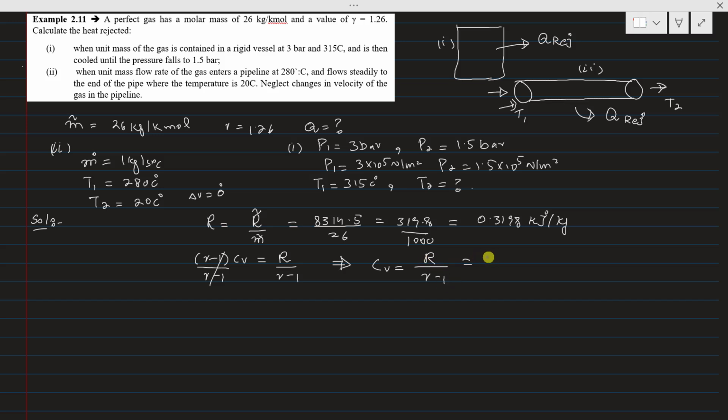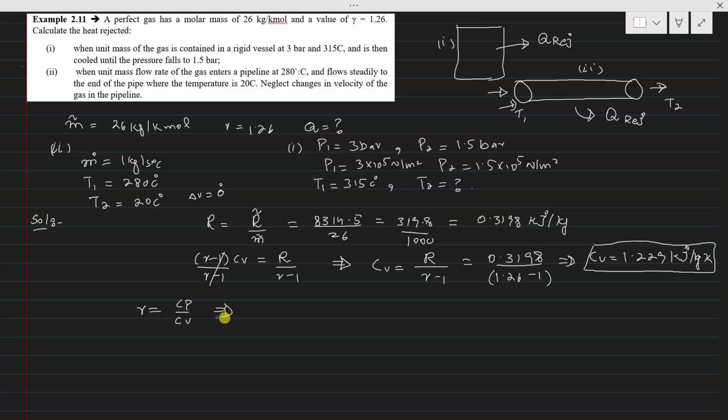Now the gas constant value is 0.3198, divided by the gamma value, which is given as 1.26. After solving, you will get the Cv value equal to 1.229. Also we know gamma is equal to Cp by Cv, then Cp is equal to gamma times Cv.